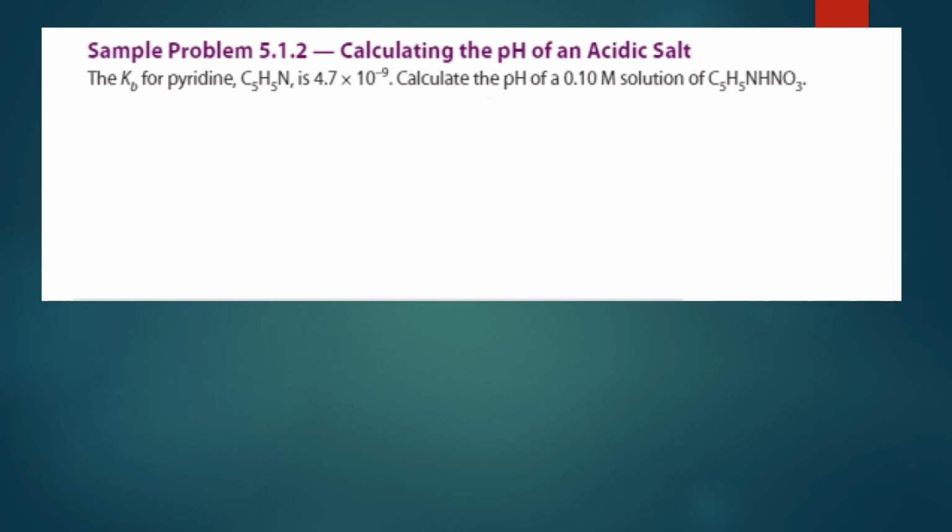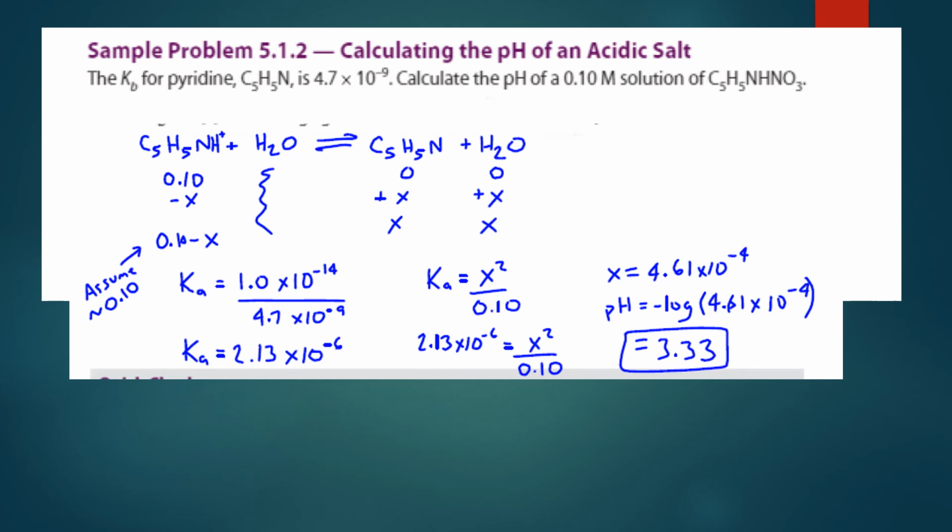So for this particular question, I'm going to split apart the C5H5NH plus and the NO3 minus, and I'm going to take a look at which one is stronger. Now it turns out that when I compare the Ka of the C5H5NH plus with the Kb of pyridine, the Kb is higher. So I'm going to use that as my predominant reaction.